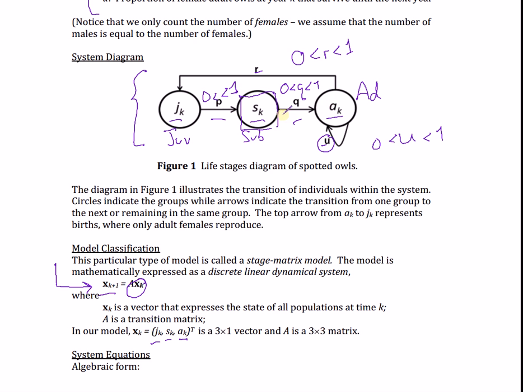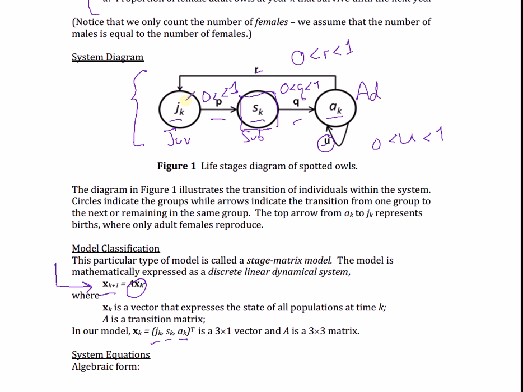So these arrows indicate that AK plus 1 should be equal to Q times SK plus U times AK, because a proportion Q of subadults survive to adulthood and a proportion U of adults survive until the next year.